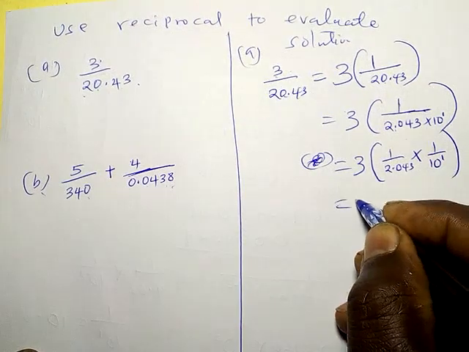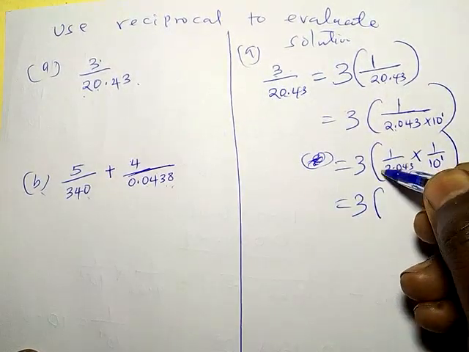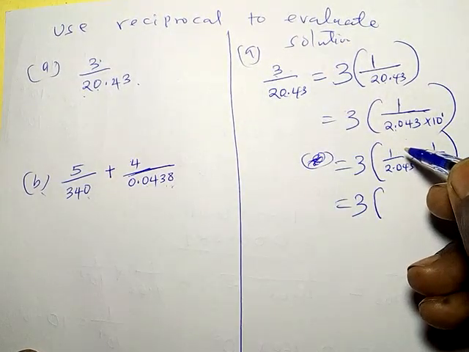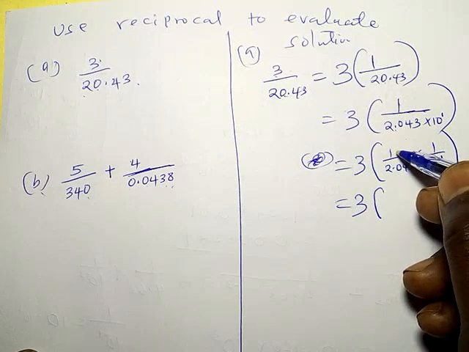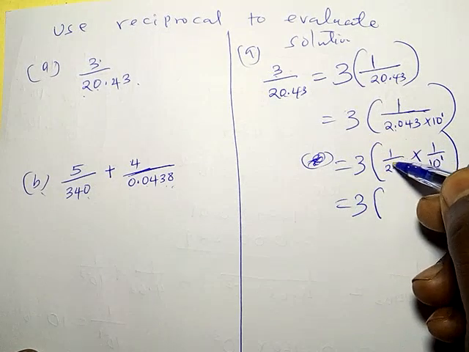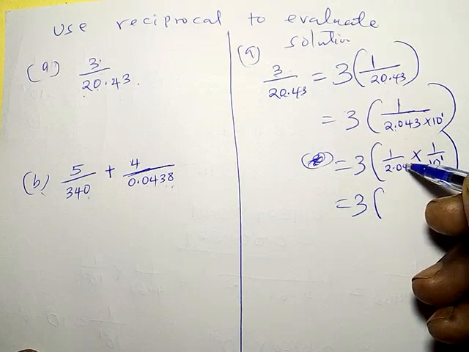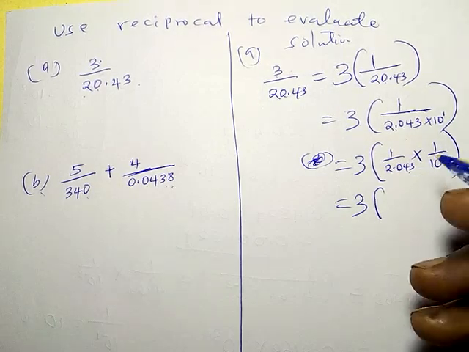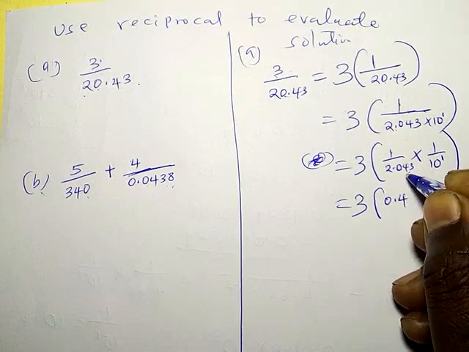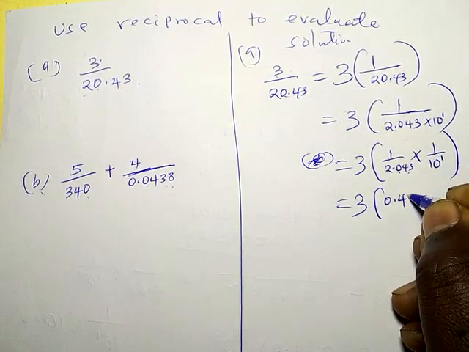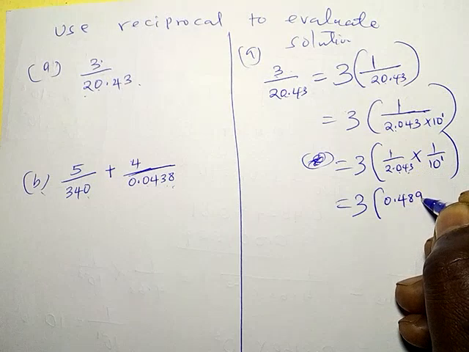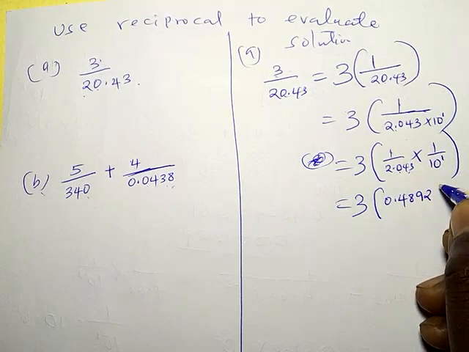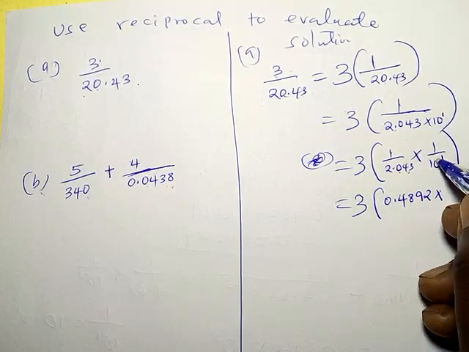Up to that point now, 3 times, this one you go to the table for the figure, and then get the reciprocal. The reciprocal of 1 over 2.043 is 0.4892, right? Times the reciprocal of this.